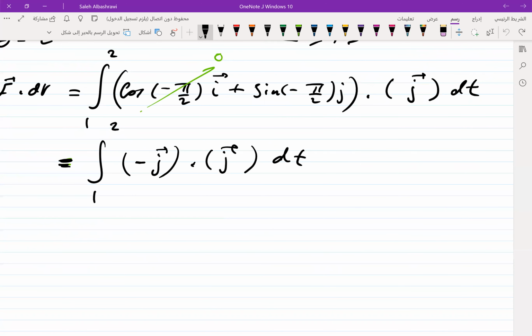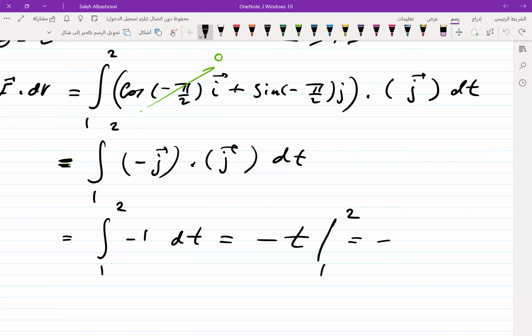Which is equal to the integration from 1 to 2 of minus 1, which is minus t from 1 to 2. Replacing, it will be minus 2 minus 1, I will get minus 1. So the value of this integration is equal to minus 1.